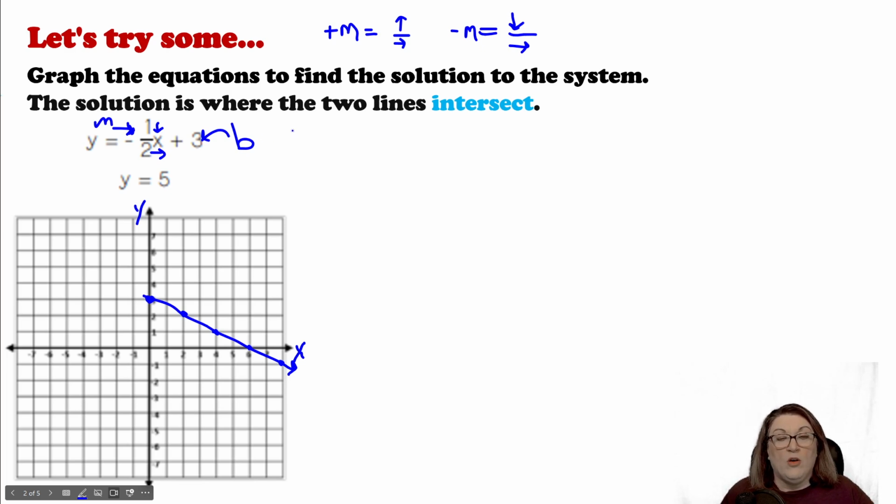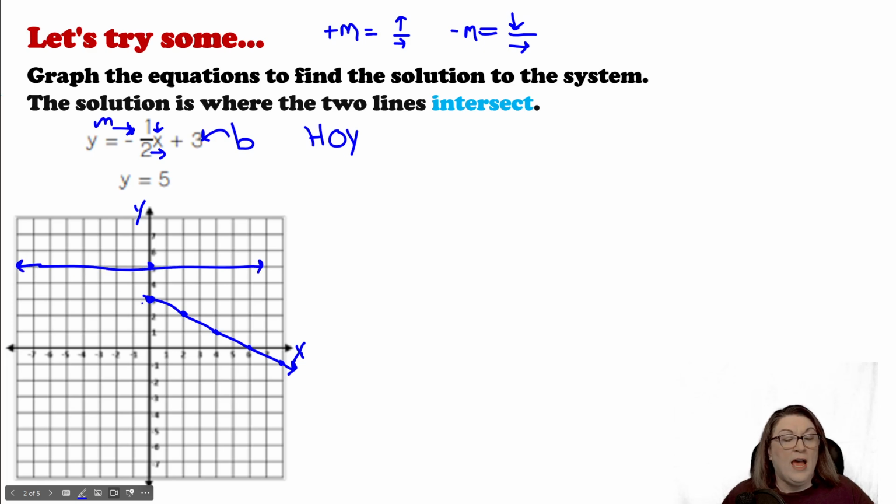Horizontal lines we call Hoy lines because they're horizontal, which starts with h, their slope is 0, and the equation starts with y. So we know this is a horizontal line because the equation is a y. So we just go to the y-axis, we find the 5, and we just draw a horizontal line through that axis. That's how you graph a horizontal line.